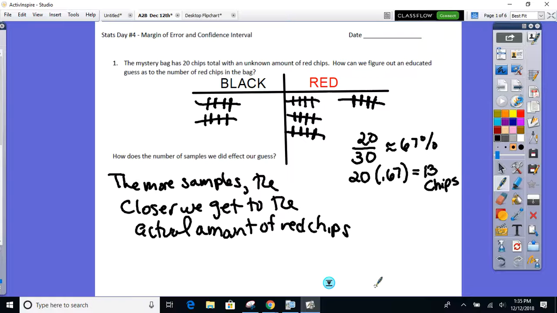How many red chips? 15 red chips. Okay. Now, were we in the ballpark? Sure. Why didn't we hit the number exactly? How many times did we do this? 30, but we were in the ballpark at least.